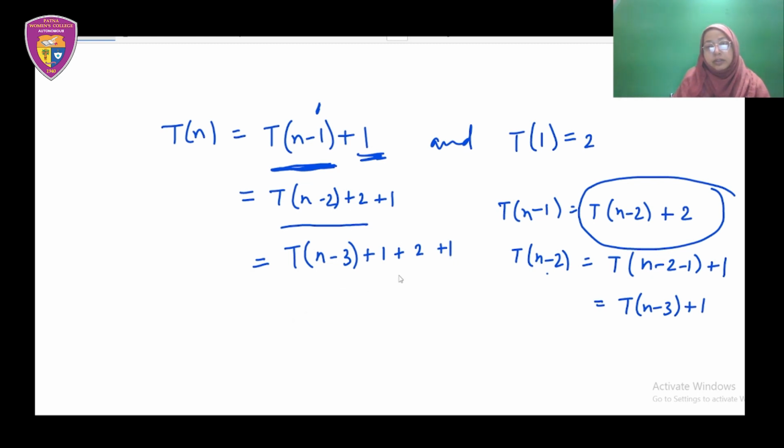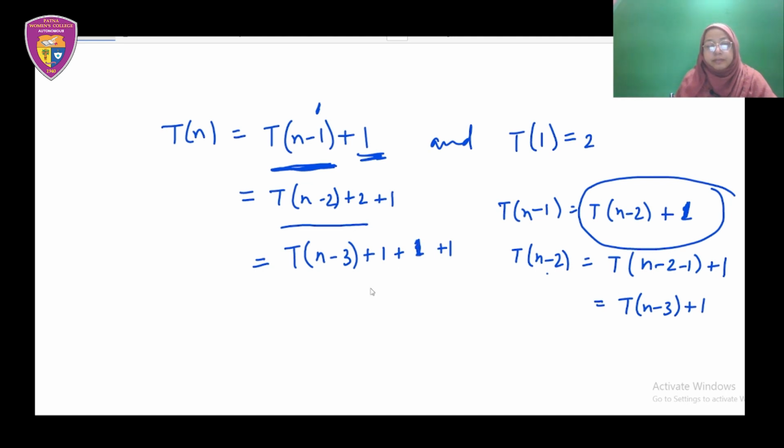Is there any mistake? Let me check. Okay, so there was a mistake. It was T of n minus 2 plus 1, and this was plus 1.